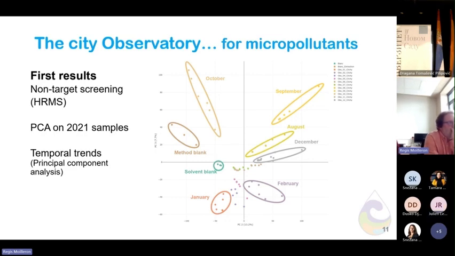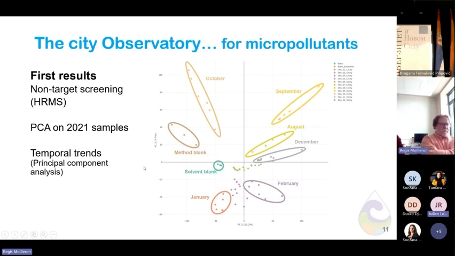From the large number of signals we can obtain from non-target screening, all the signals detected by the machine, we can perform some principal component analysis, and this is just an example of results where we analyzed the different months of 2021, and we could separate clearly all the different months based on the molecules that are detected.